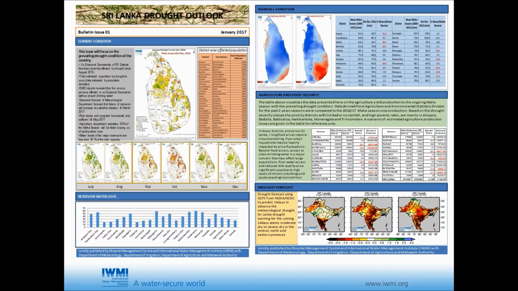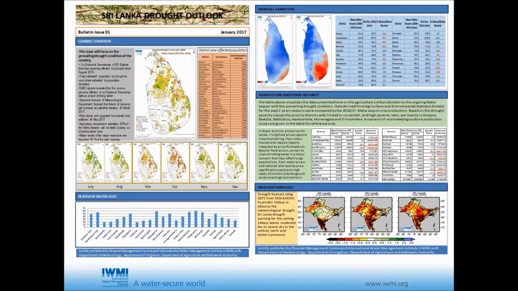Once we had done that, we made it operational last year, and this year we have ensured that the government utilizes such information for drought management, and also for appropriate compensation and relief measures for those farmers or local people who are severely affected by drought.